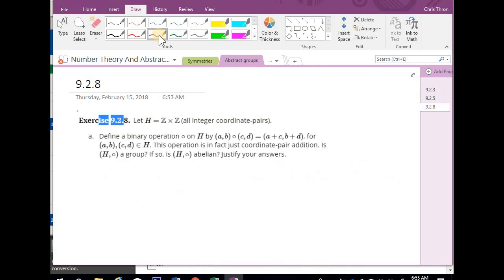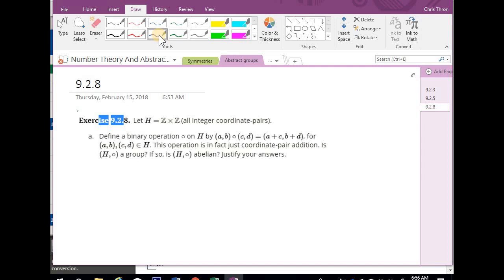All right, for 928, I think I'm just going to talk through this one. Again, if you want to show something is a group, you just need to go through the four properties. First of all, closure. You can just say that by definition, AB composed CD is a coordinate pair, so H is closed under circle.